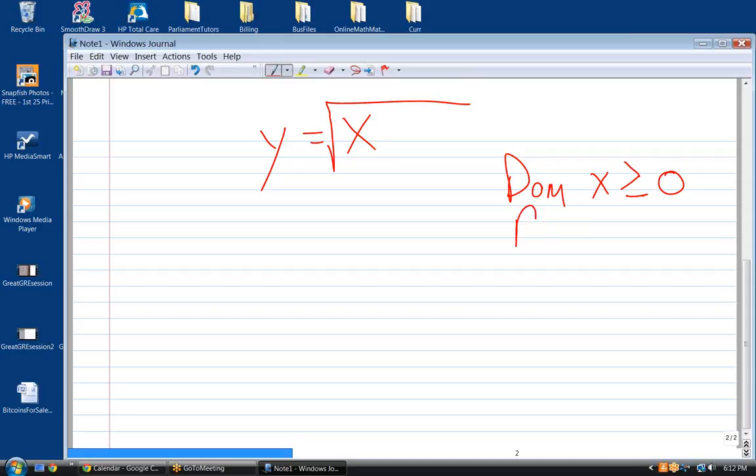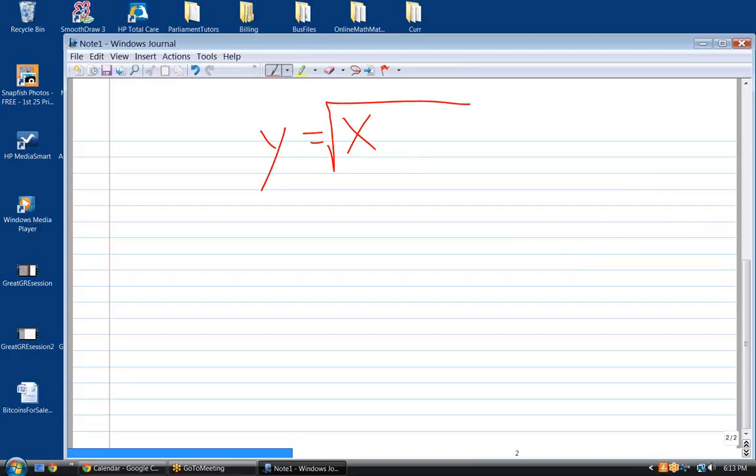What's the range? What can y be? Anything greater than 0. Exactly. Greater than or equal to 0 also. In other words, it can't be negative either. So is that what the infinity signs come in as? Like the whole 0 plus infinity or something?